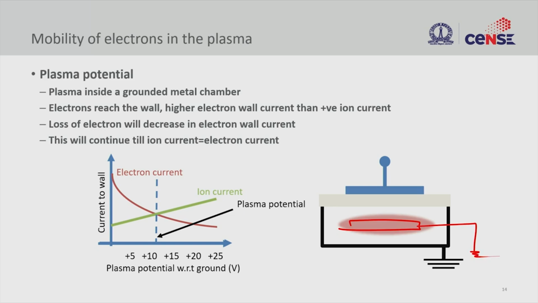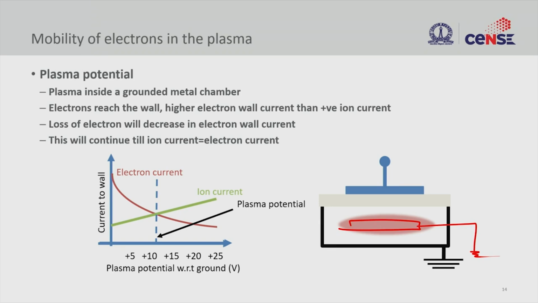So inside a grounded chamber, the same thing would happen as well. Once you insert it, you will have electrons coming in, and then after a certain accumulation of electrons, you will also see ion current. So both of these currents will neutralize each other, trying to arrive at a certain potential, which is called the plasma potential.